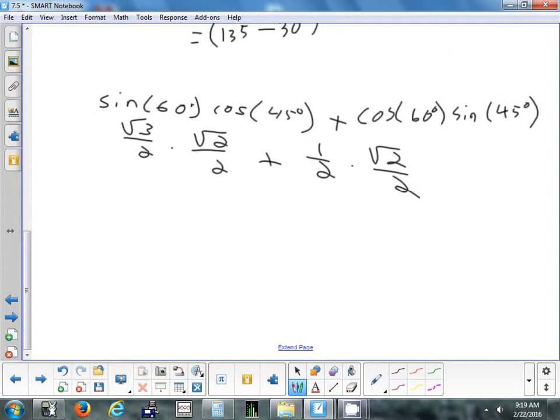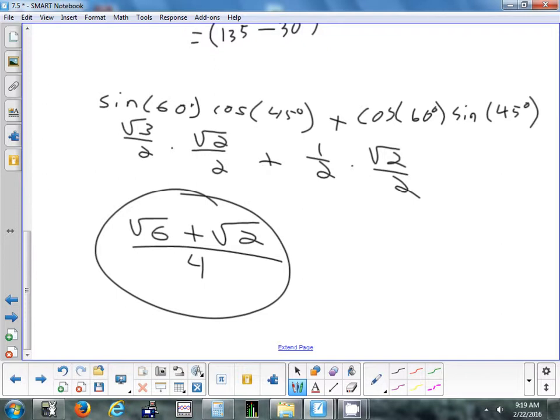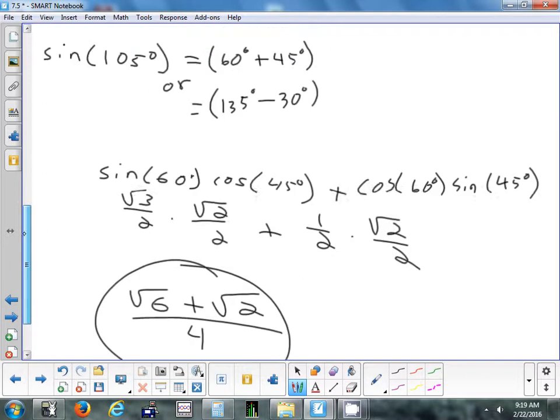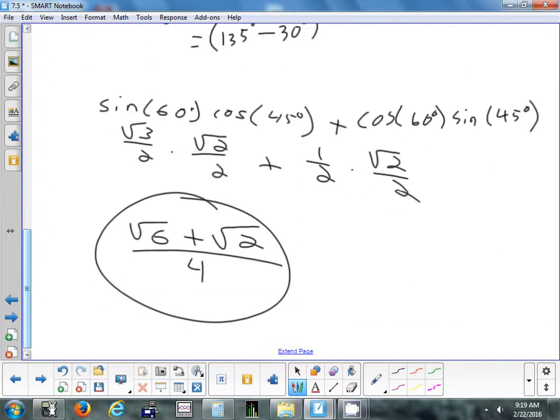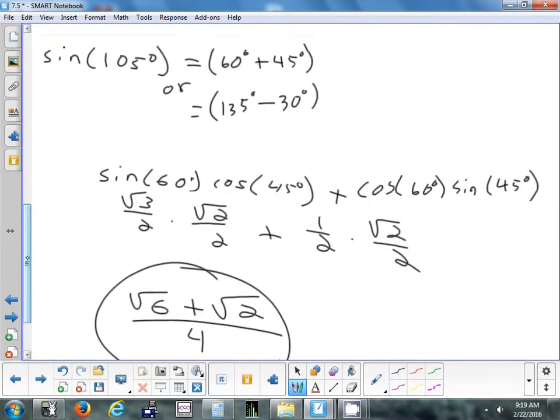That's the kind of problems we're doing. So it's square root of 6 plus square root of 2 over 4. Okay, and if you want to check and make sure you're good, it's a good problem to prepare for the test. Try doing it as a difference. Make sure you get the same answer. You will.